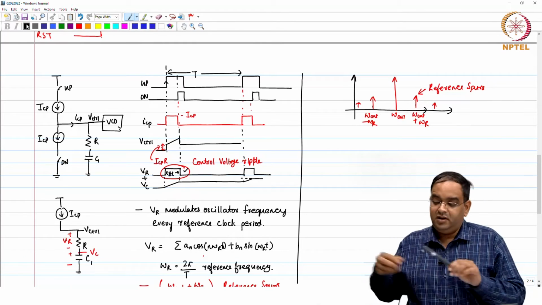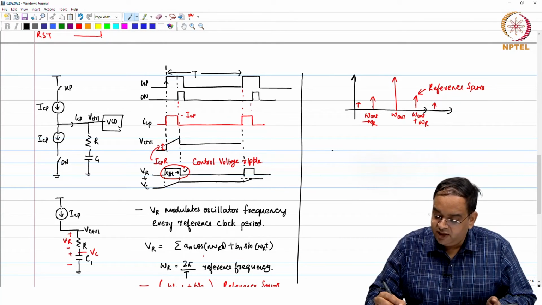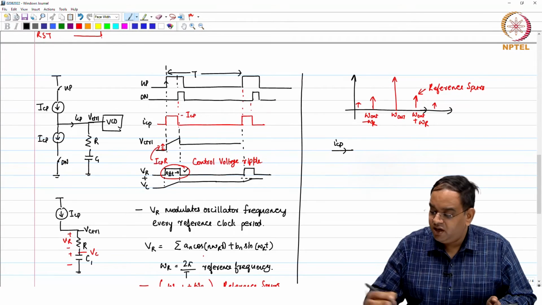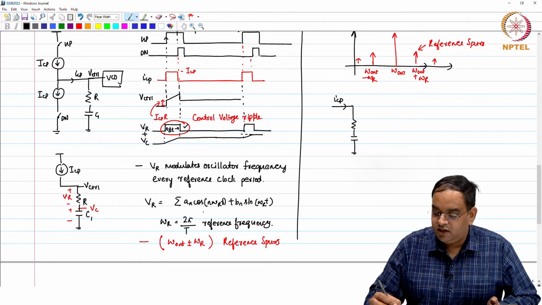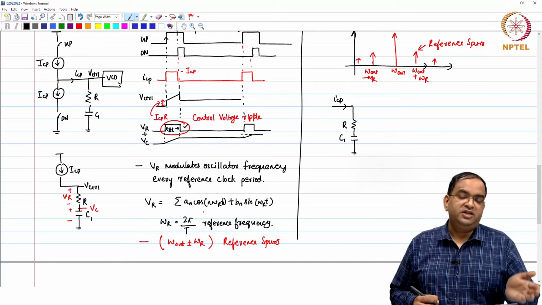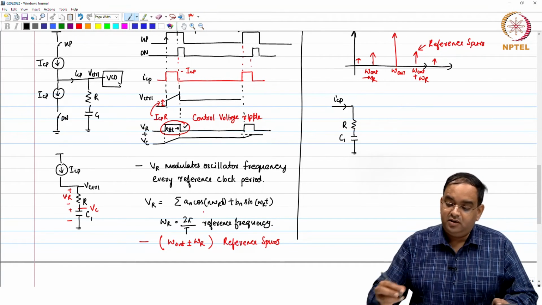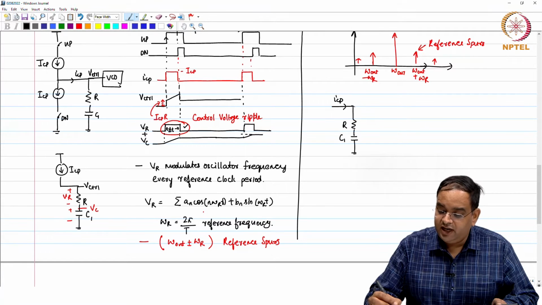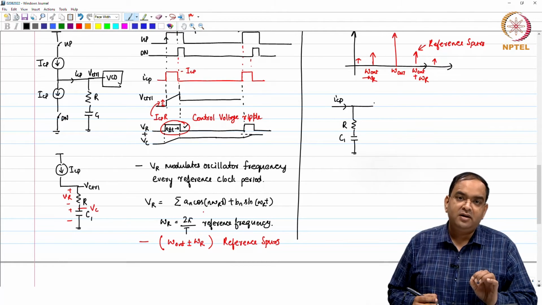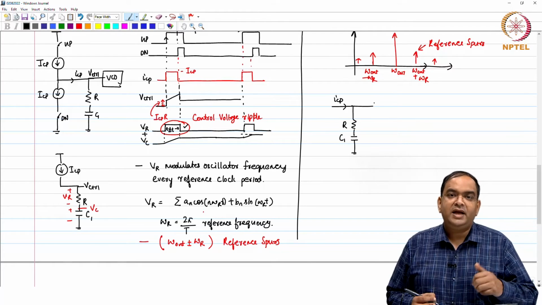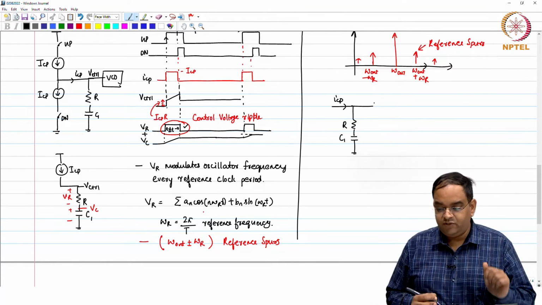Let us say that I am going to get this current ICP coming from the charge pump in the loop filter, and if I have this loop filter, I know that there will be a jump. If I do not want this jump, I can provide another low impedance path to our ICP current, which is coming at every reference frequency.